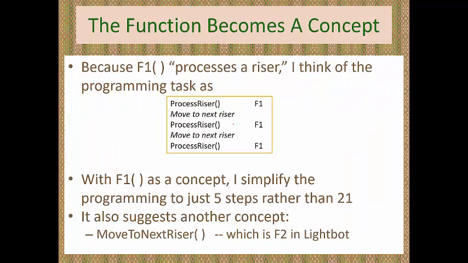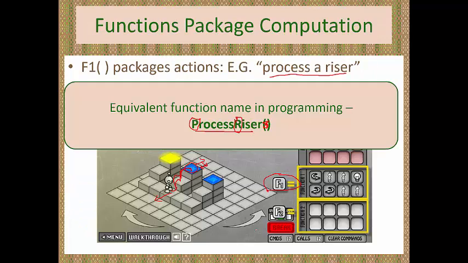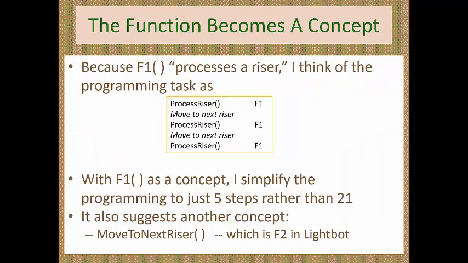Parameters are simply input. When I write this program now, what I'm going to think of is ProcessRiser. And when we get down, well, we need to move to the next step. And ProcessRiser, and we get down, and that's what we've got here. ProcessRiser, which is F1 in LightBot, move to the next riser, and we did that multiple times.